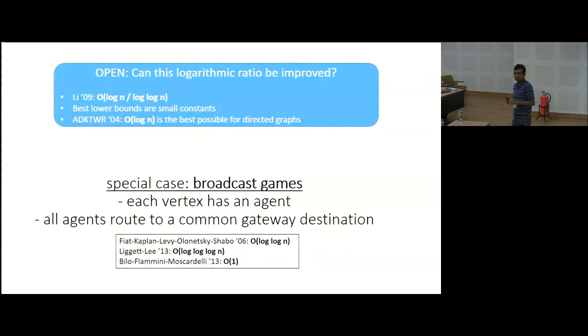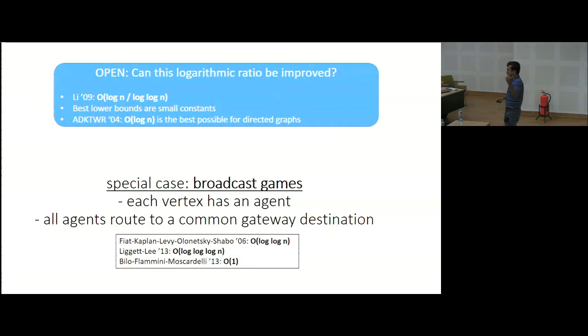So there was a paper that initially gave a log n bound on the price of stability. It was improved to log n and eventually to a constant. Although I must mention that the lower bound for broadcast games is almost the same as for general games. It's around 2 or 3. The upper bound, this constant result, is something like 6,000. So if you don't believe in this notation of O of 1, then there's a huge gap as well.